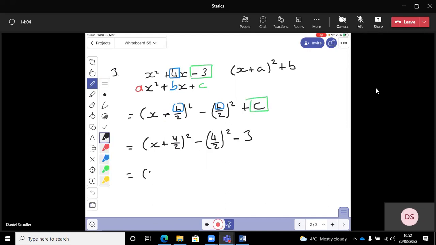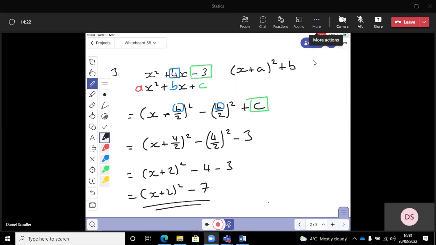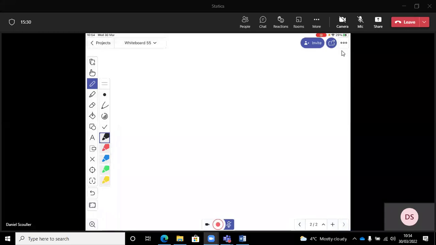Working through that, x plus 2, squared, minus 2 squared, which is 4, minus 3, and that's your answer. So completing the square, section 7.1, important. It will always come up.